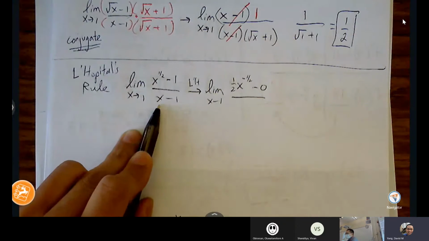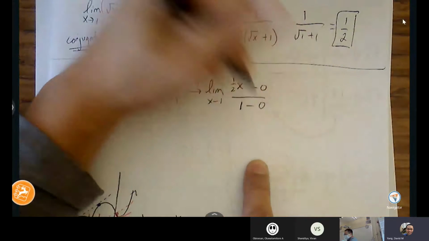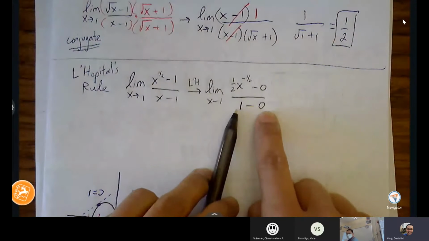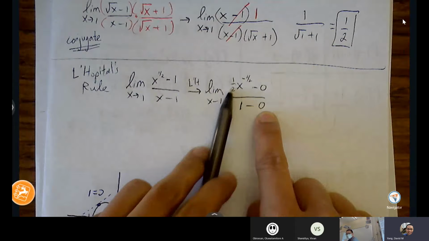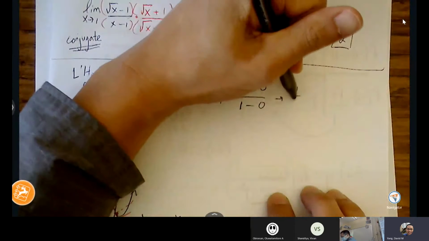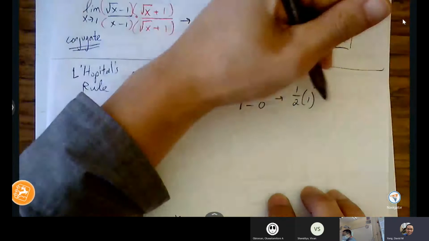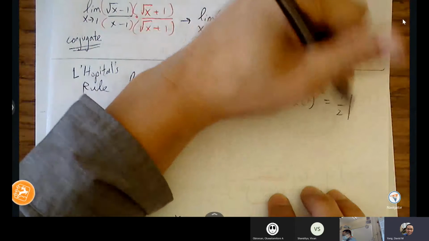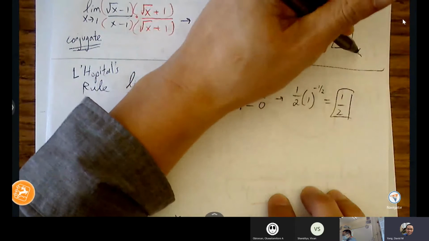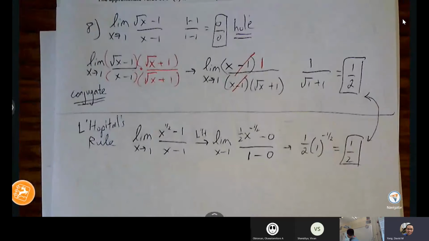And then for the denominator, we find the derivative of that separately. So x becomes 1. So now that we have a different form, we can reevaluate, plug 1 in for x. And that's the same thing as 1/2. So either L'Hopital's rule or the conjugate method, and you get the same answer.